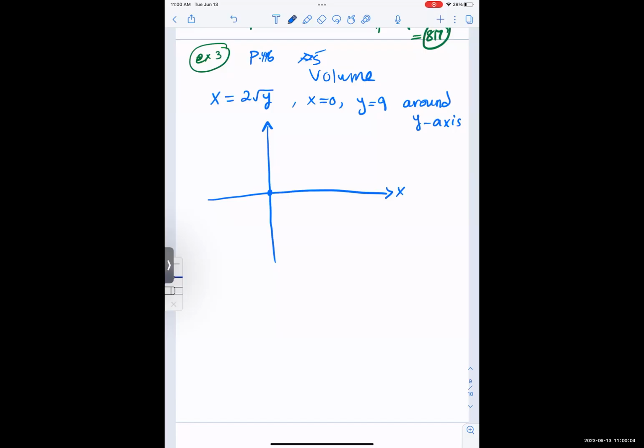So when x is 0, for example, y is 0, that's 1 point. You know that it's bounded by y equal to 9. So let's say, at some point, that's where the cutoff is, and then x equal to 0. So these two are the cutoffs.